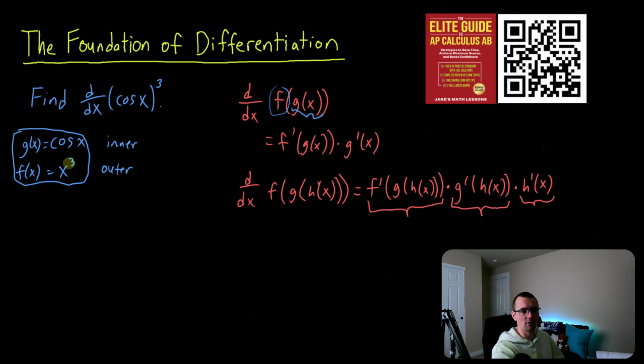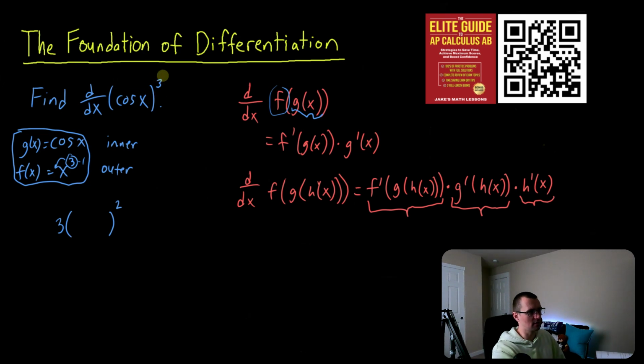But the derivative of x cubed, we would simply take our power, bring it down in front as our coefficient, and then subtract 1 from the power. So the derivative of our outer function is going to be bringing the 3 down in front and subtracting 1 from our power to make it a 2. So 3 times something all squared is how we apply the derivative of the outer function part.